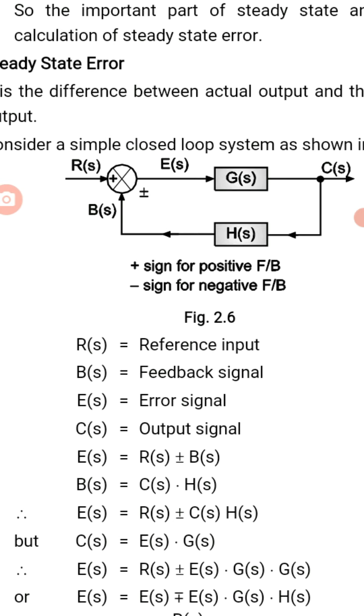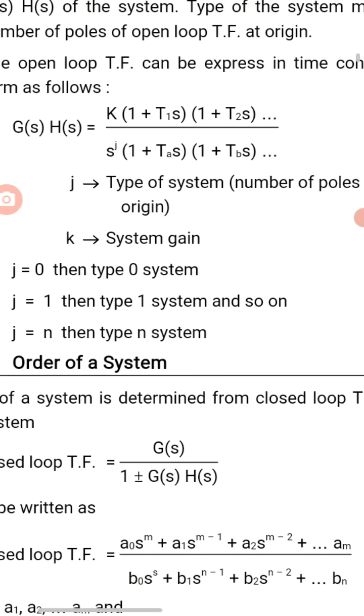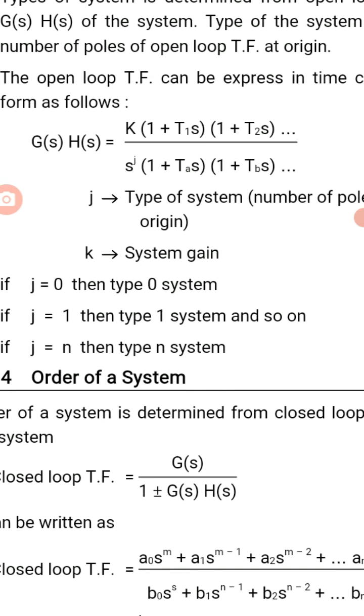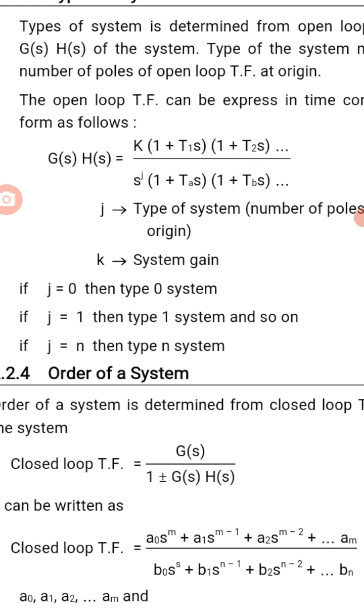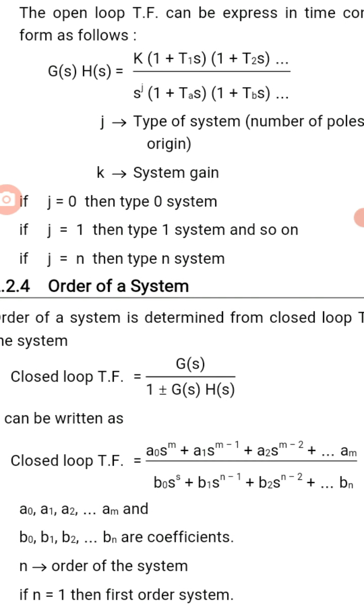It is a closed loop system as shown in this figure. If I consider the denominator only, it is 1 plus G(s) into H(s), where G(s) into H(s) is considered for types of system. And for order of the system, the overall closed loop transfer function is considered.